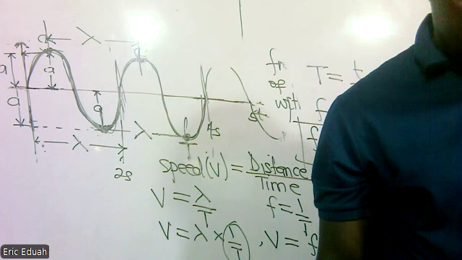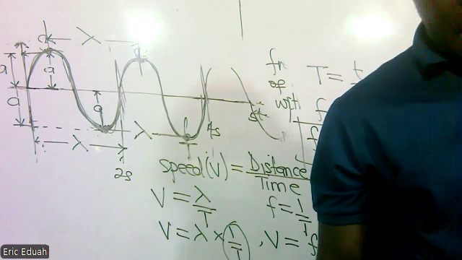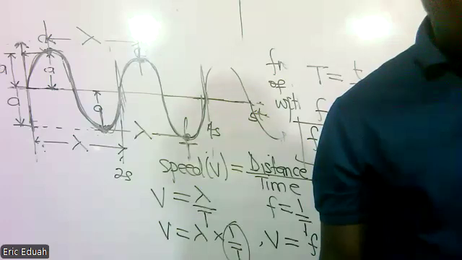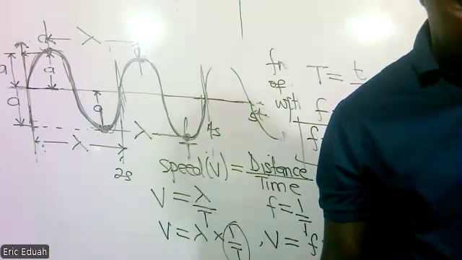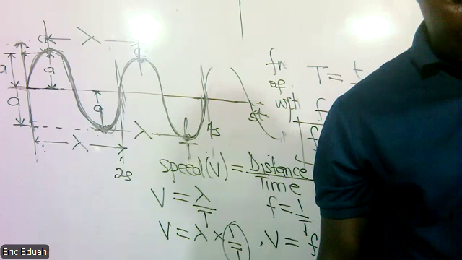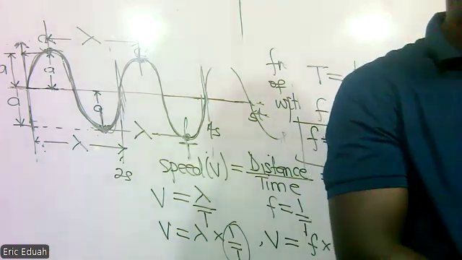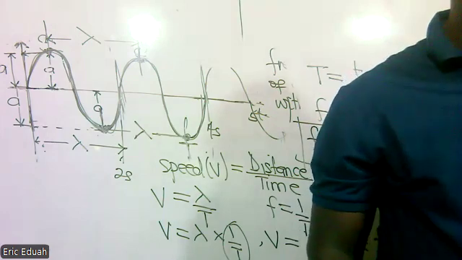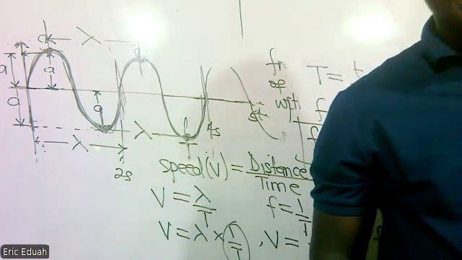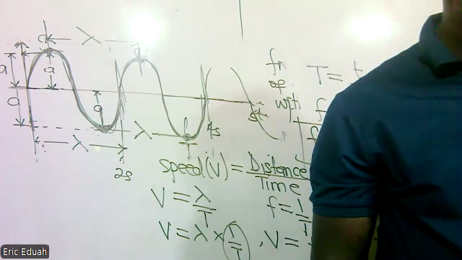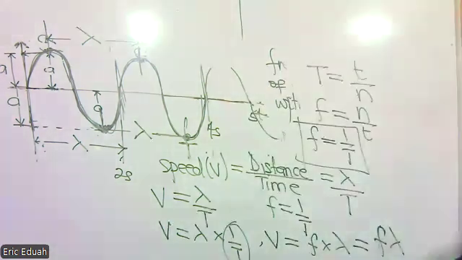The speed of a radio wave is 3.0 times 10 to the power 8 meter per second. If a radio station broadcasts on a wavelength of 1,500 meter, what is the frequency of transmission? This one should be 2 minutes.